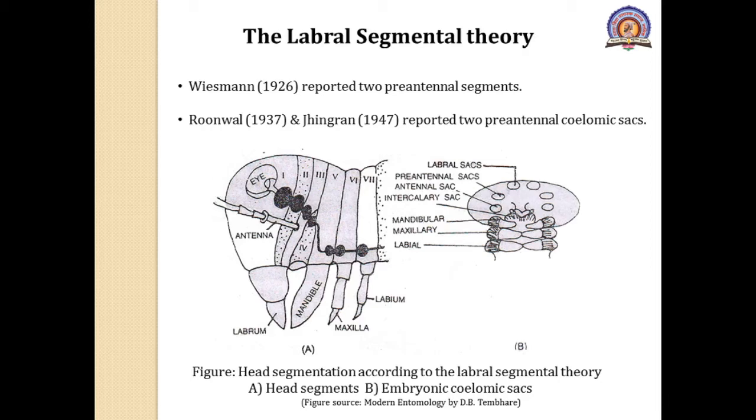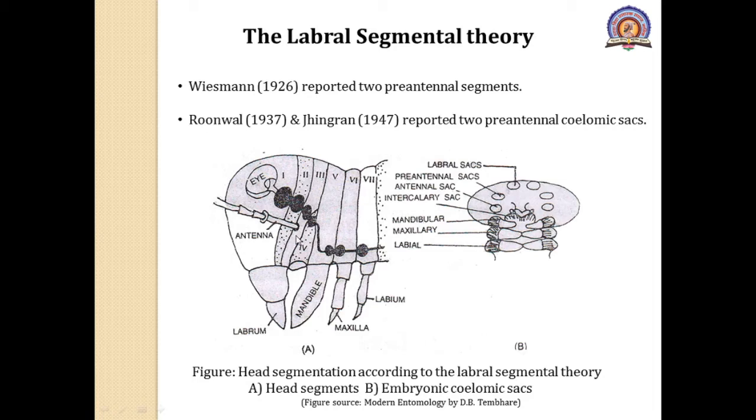These segments are: the first segment is a labral segment. They have included this acron part, which was separated out in the classical theory, into the first segment, that is the labral segment, and the labrum is its appendage in the adult condition. Then the second one is the pre-antennal, obviously, that lies before the antennae.